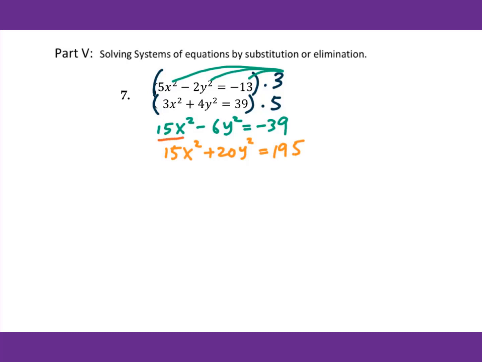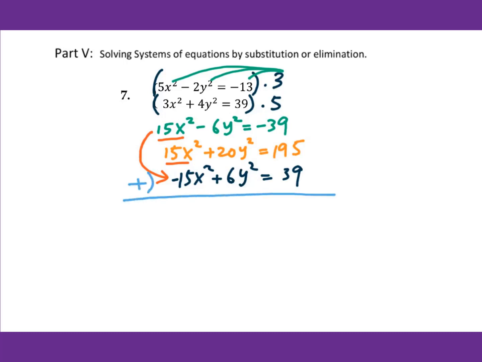Since they are not opposite, you have to change the sign for the first equation. I will get -15x squared plus 6y squared equals 39. Then you add these two equations.